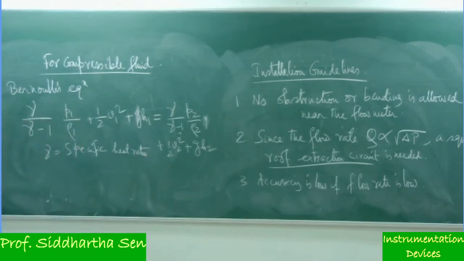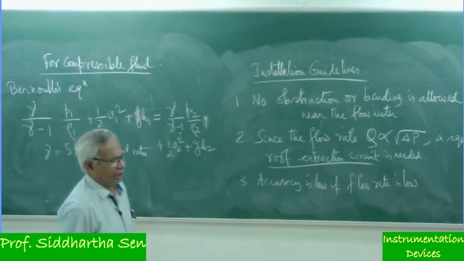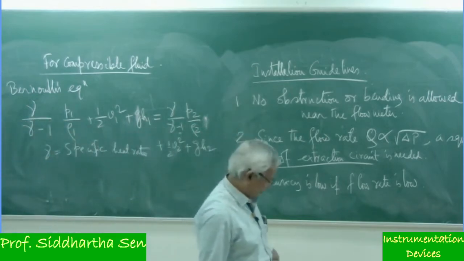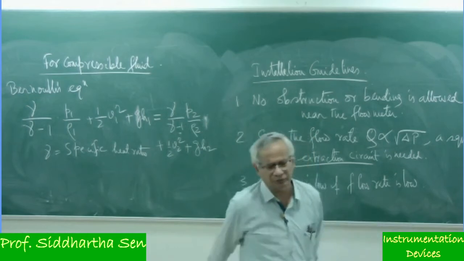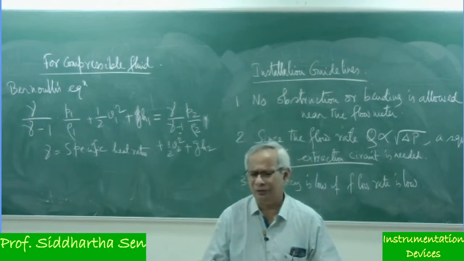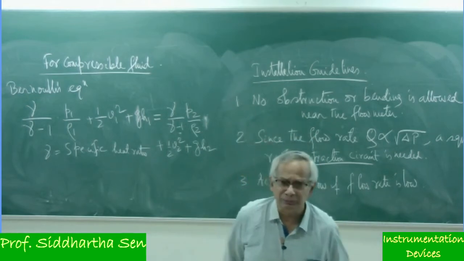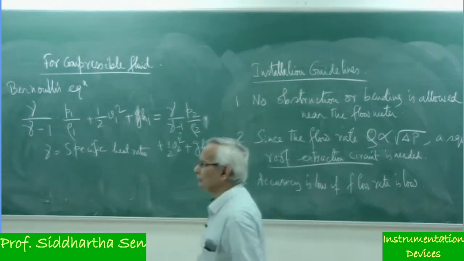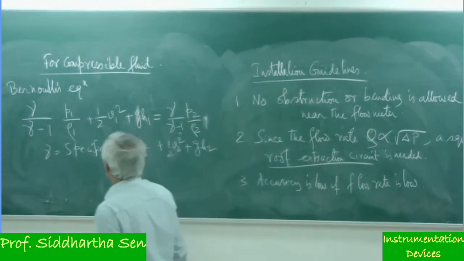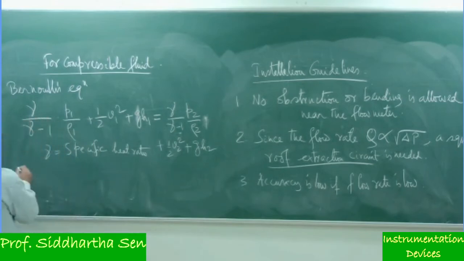So naturally, these things are complicated, but overall, for the compressible flow, that is air or steam in this case, since the density is not constant, we express them in terms of mass flow rate.